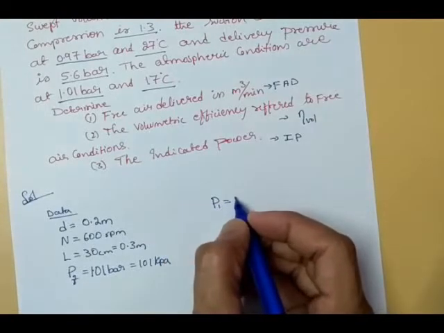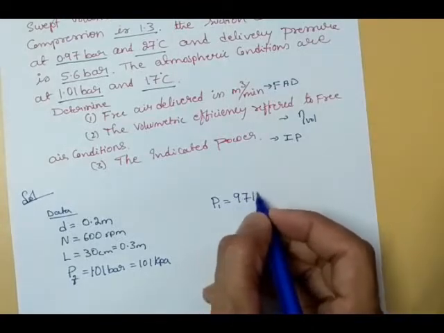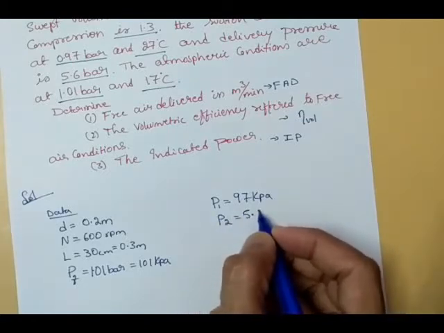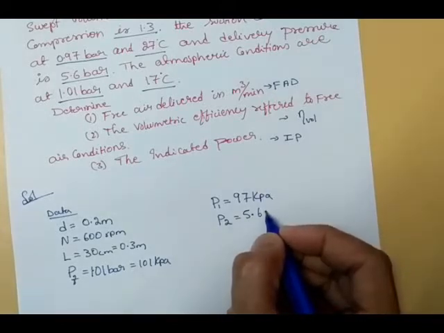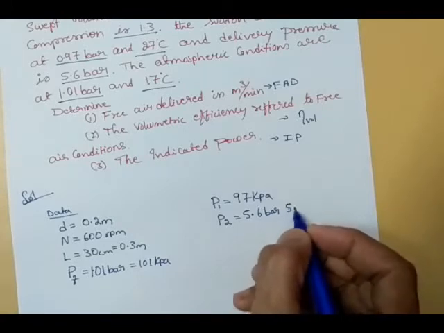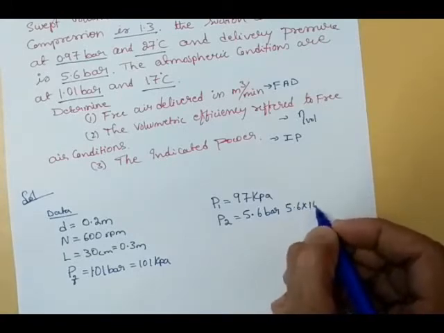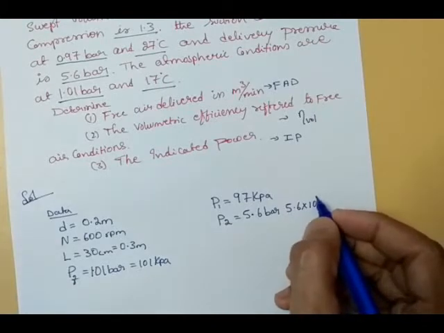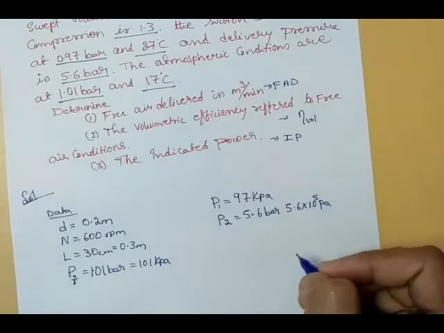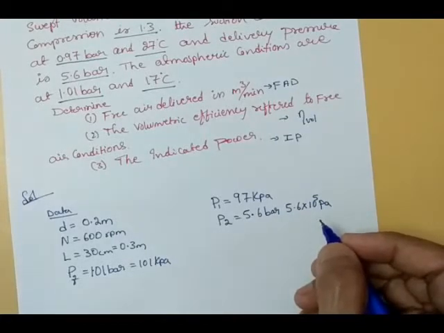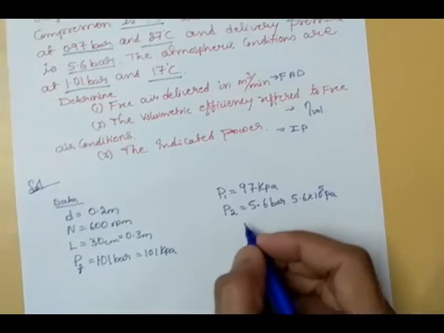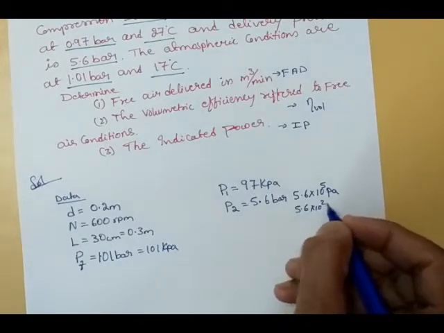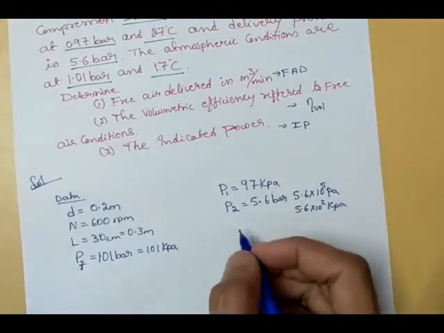P1 is equal to, I will write in terms of kPa, 97 kPa, and P2 is equal to 5.6 bars, that is 5.6 into 10 power 5 pascals, otherwise it is 5.6 into 10 power 2 kPa.